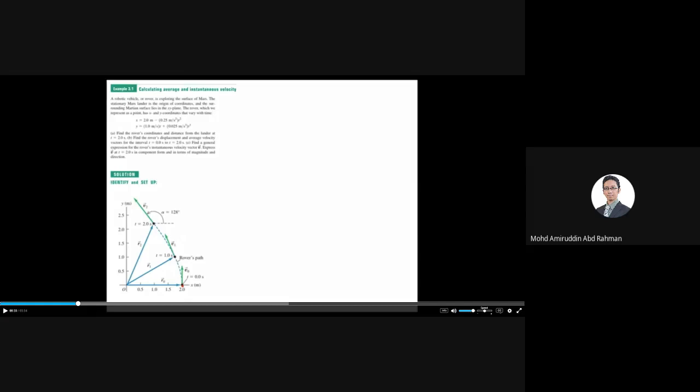The rover's coordinate and distance from the lander at t equals 2 seconds. So we need to find that out. Let's say this is the rover's path.